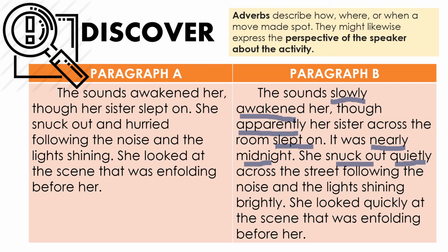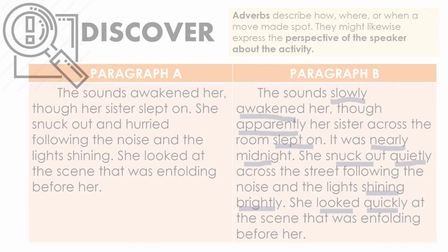And we have brightly, that describes how the lights are shining. And then we have the last one, which is quickly, that describes how she looked at the scene that was unfolding before her. So this is how you would add more details and how you could express your perspective as the writer in your narrations.